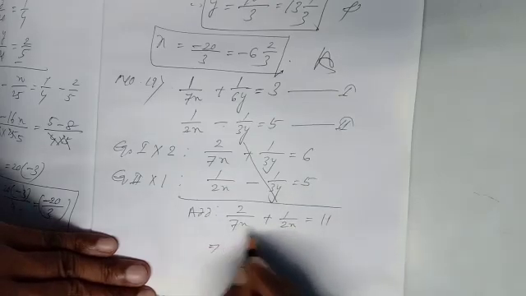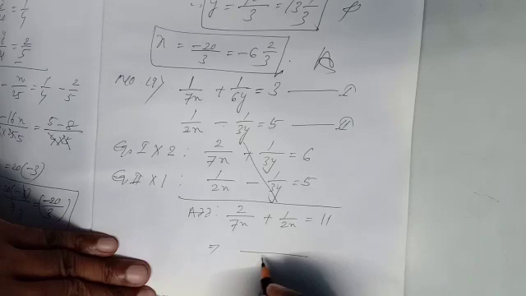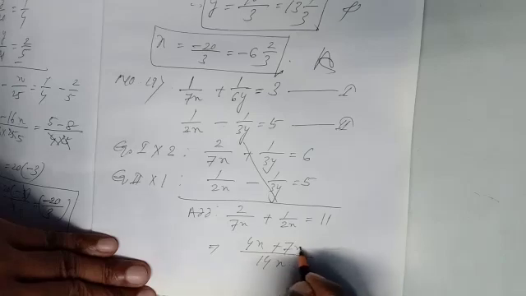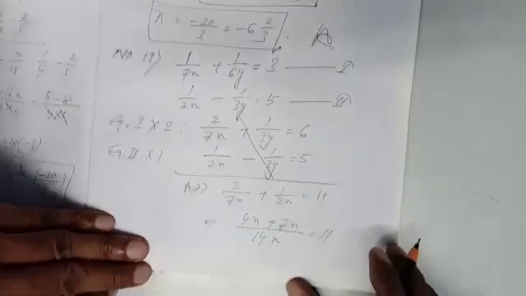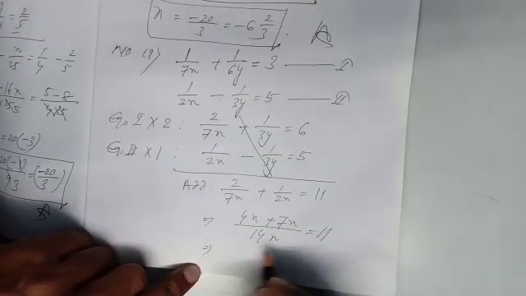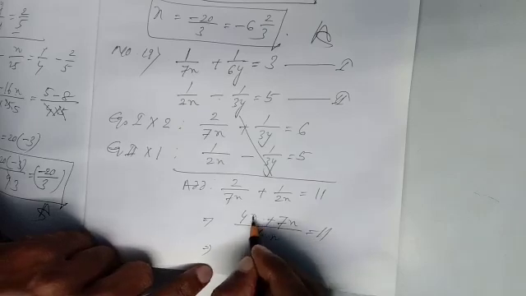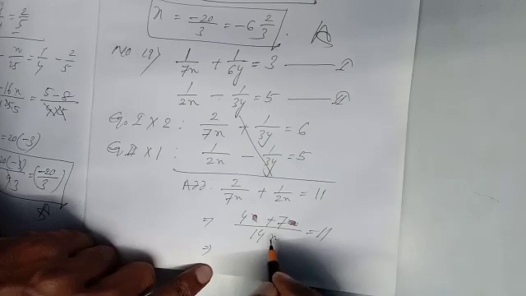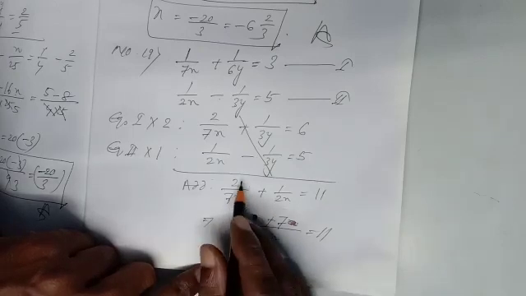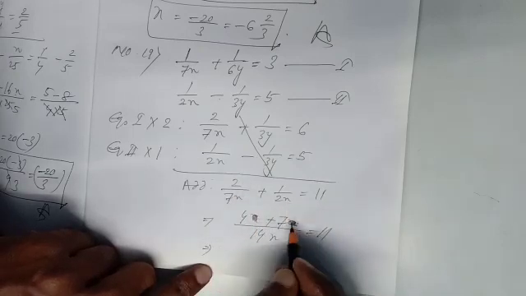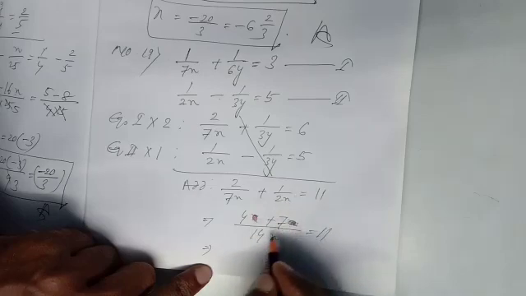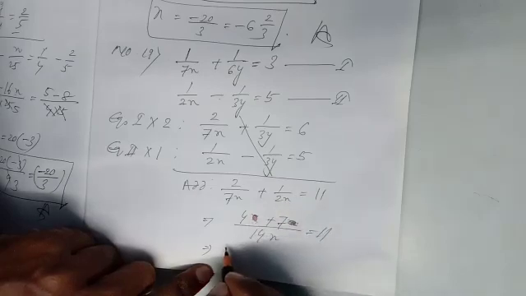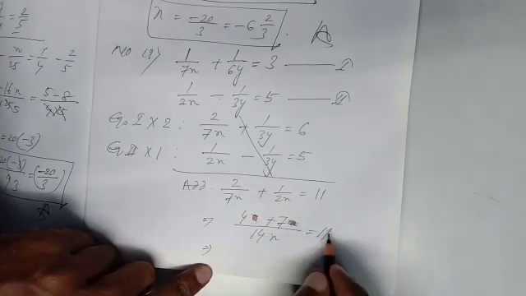What is the LCM of 7x and 2x? That will be 14x. On this side it will be 4 plus 7, because the LCM is 14x. 14x divided by 7 gives 2, into 2 gives 4, and 14x divided by 2 gives 7, so 4 plus 7 is 11. 11 by 14x equal to 11.